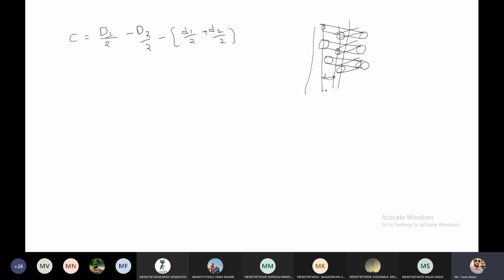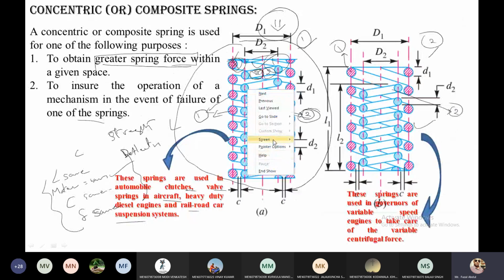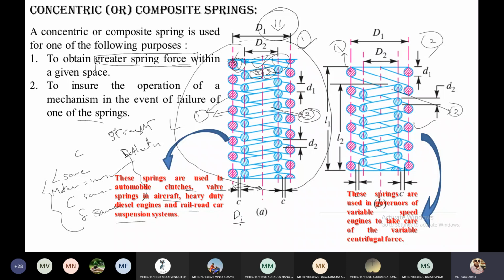So this distance, from here to here, is d1 by 2. Now from here to here, d2 by 2.